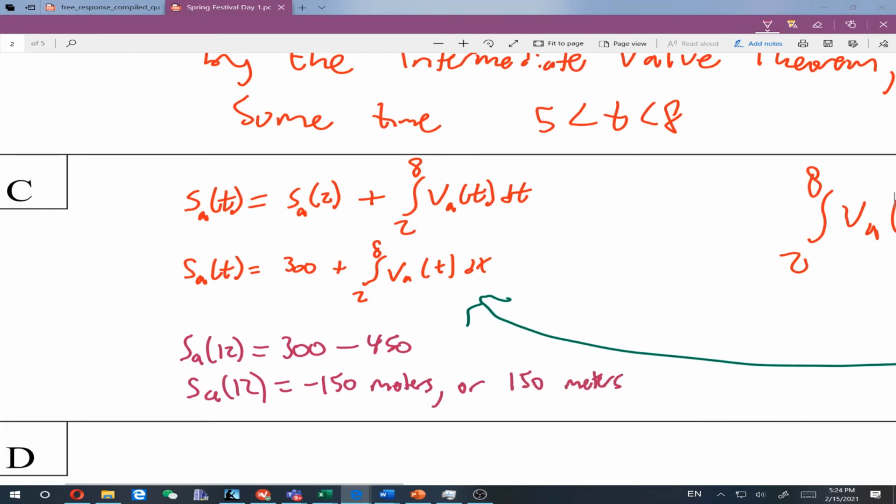Were we east of the station or west of the station then? Sarah, if we were at negative 150 meters, were we east of the station or west of the station?